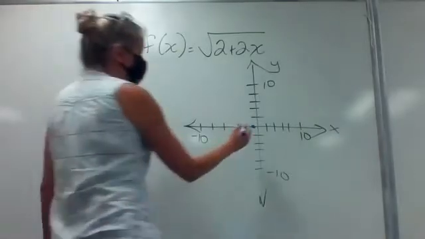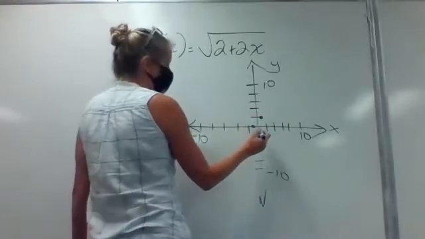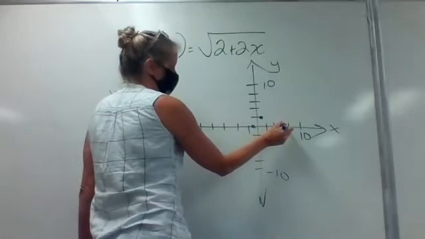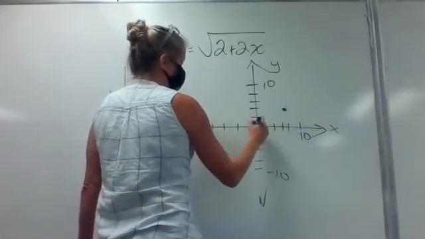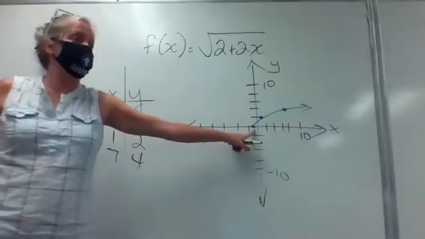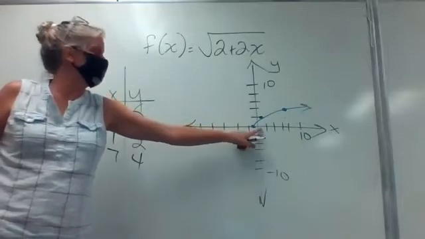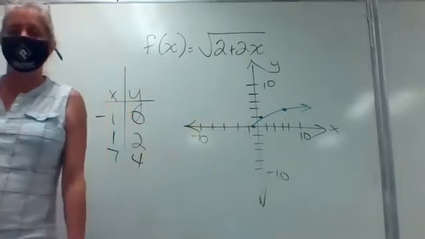To the right 1 at 2. Right 7, so 2, 4, 6, 7, up 2, 4. So again, I think the most distinguishing point on this one is that the actual square root function starts a little bit to the left of the origin.